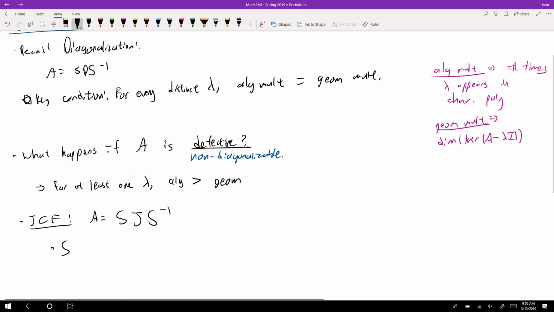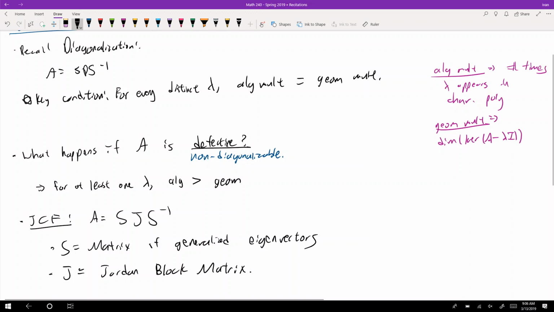Well, S is now your matrix of generalized eigenvectors, and J is a Jordan block matrix. We'll define all of these in a little bit. So the keywords here are generalized eigenvector and Jordan block matrix. You're going to realize that SJS inverse is really similar to SDS inverse in structure and in how we construct it as well.